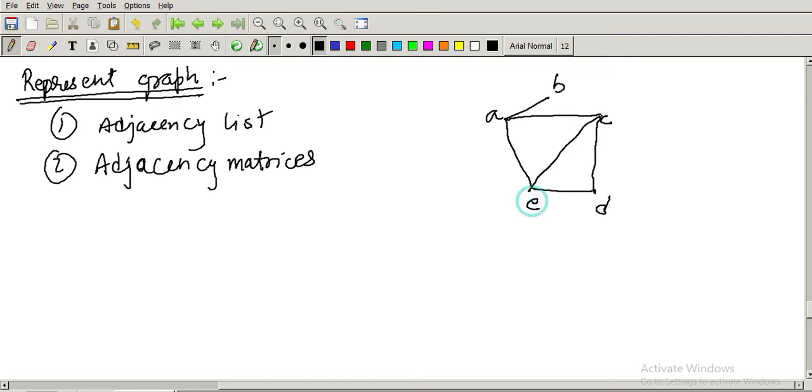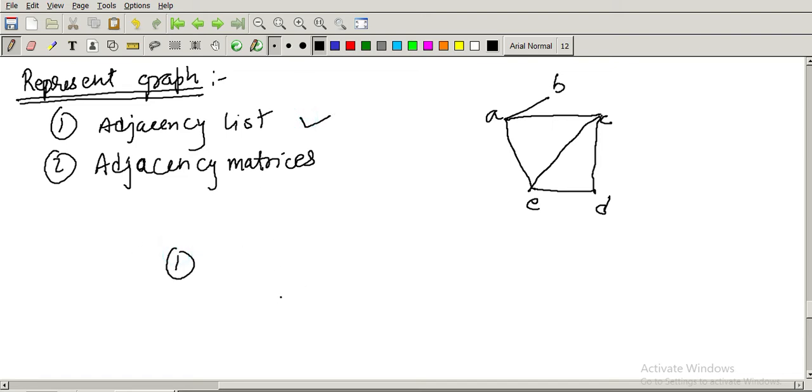So how to represent these graphs using an adjacency list? Let's take this number as 1.